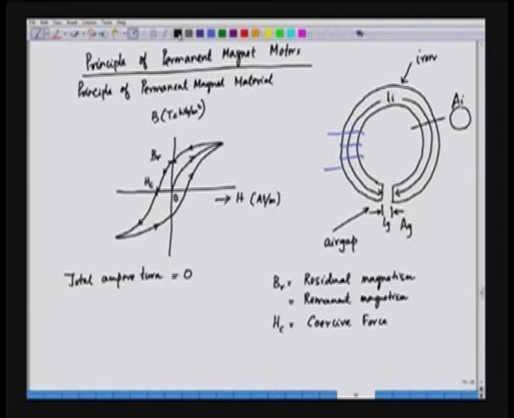That gives us this equation: the ampere turn in the iron is Hi into Li, where Hi is the field strength in the iron and Li is the length of the iron, plus Hg Lg, where Hg is the field strength in the air gap and Lg is the length of the air gap, equal to 0.